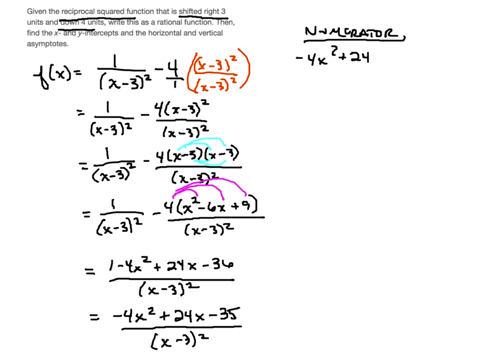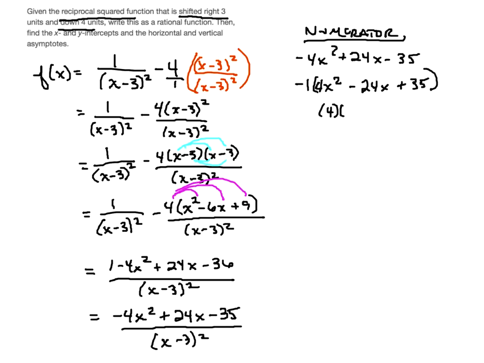My numerator is negative 4x squared plus 24x minus 35. I don't like my leading term being negative, so I'm going to factor that out. That's negative 1 times 4x squared minus 24x plus 35.